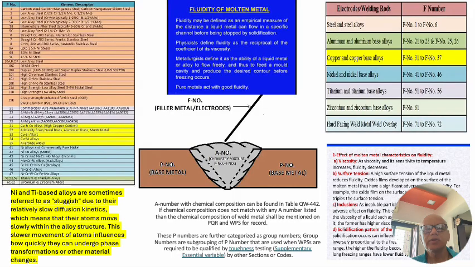Now, once we understand that this is going to be different, we also see that the fluidity of the molten metal is a factor for A numbers to separate it out. There are certain alloys which are sluggish, and they are sluggish because of the diffusion kinetics, how the parent metal and the weld metal are going to adhere to each other, and that depends upon the sluggishness, or the viscosity, or the fluidity of the metal.